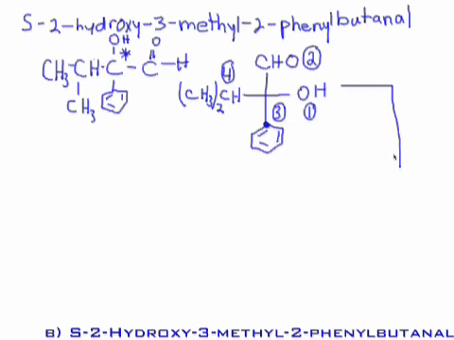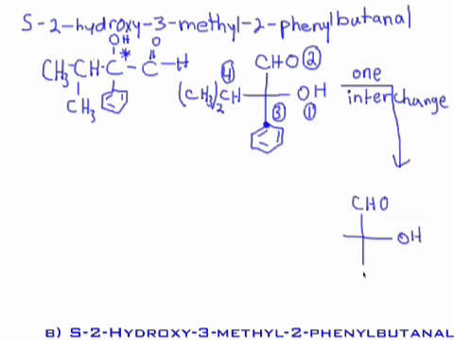So I am supposed to do 1 interchange. Okay, I can do that. 1 interchange. If I do one interchange, to put number 4 to the bottom, I will get this. OH and aldehyde, CHO is an aldehyde, don't change, but I put the isopropyl to the bottom, and I move the phenyl over here.